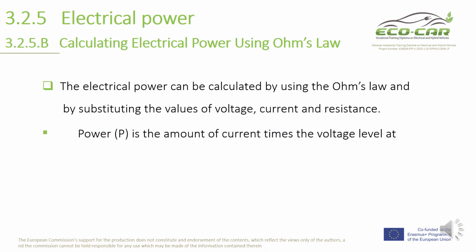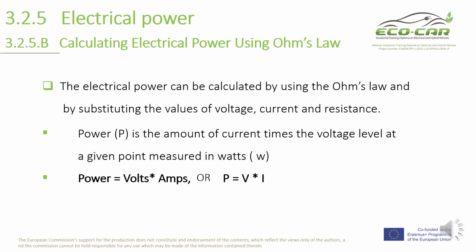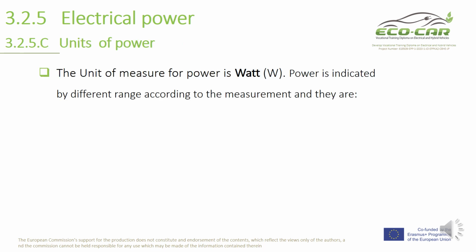Power is the amount of current times the voltage level at a given point, measured in watt. Power equal volts multiplied by amps, or P equal V multiplied by I, current. Units of power. The unit of measure for power is watt.